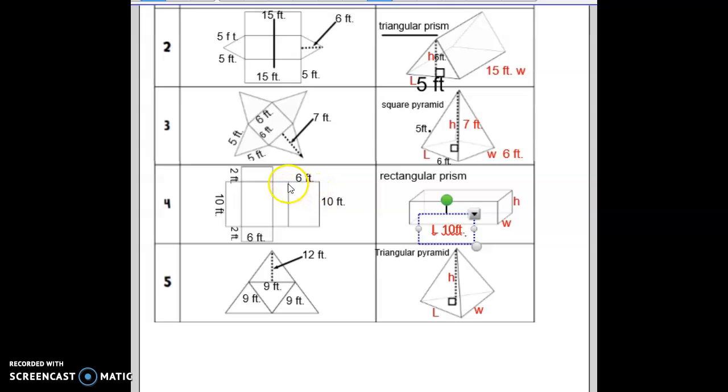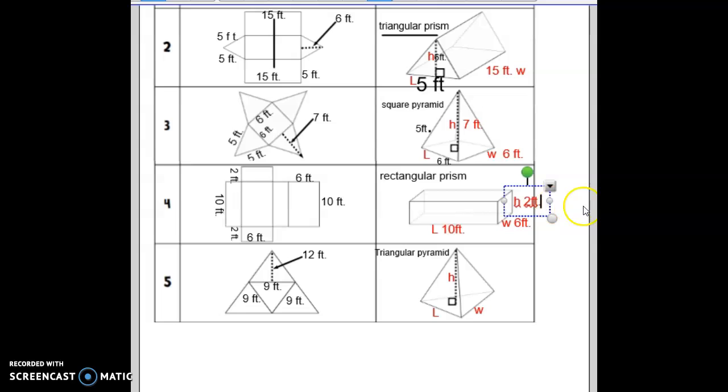The width is the distance from this long rectangle to the back, so the width is going to be 6 feet. And the height, this small side right here, is going to be 2 feet.